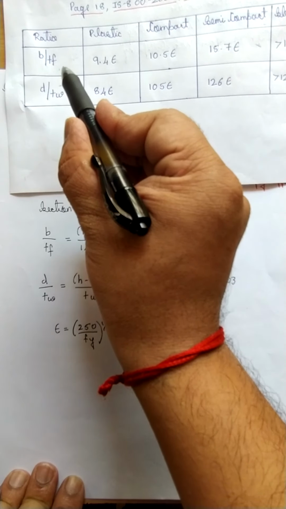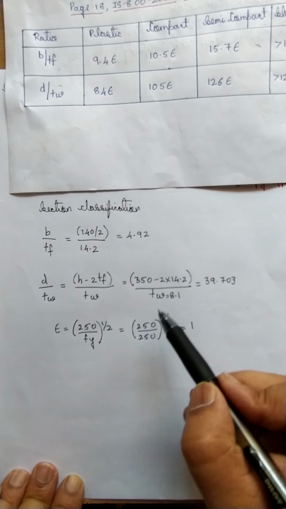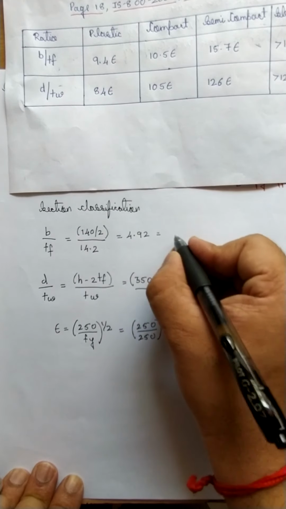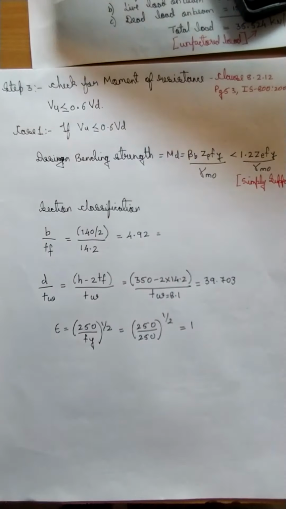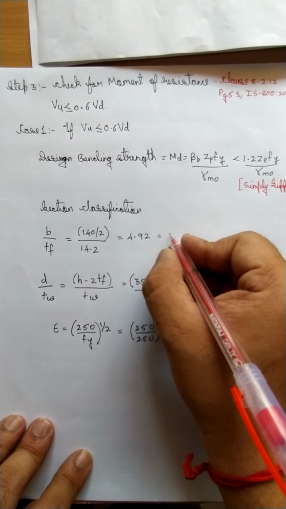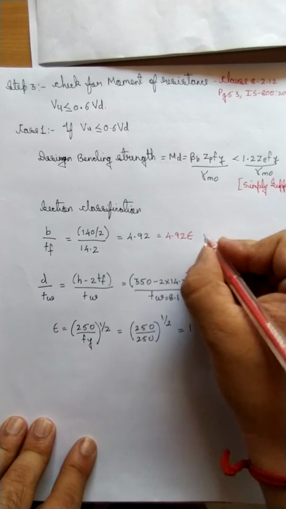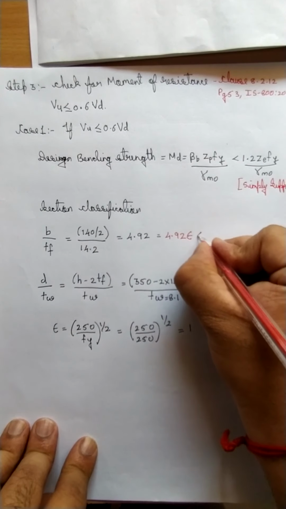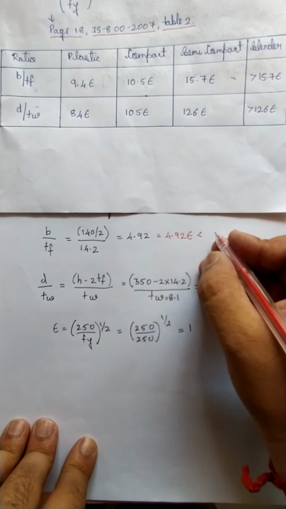What is our B by TF? 4.92. Epsilon is 1. So this component is 4.92 epsilon, because it is 1, which is less than, you can see here, less than 9.4 epsilon.